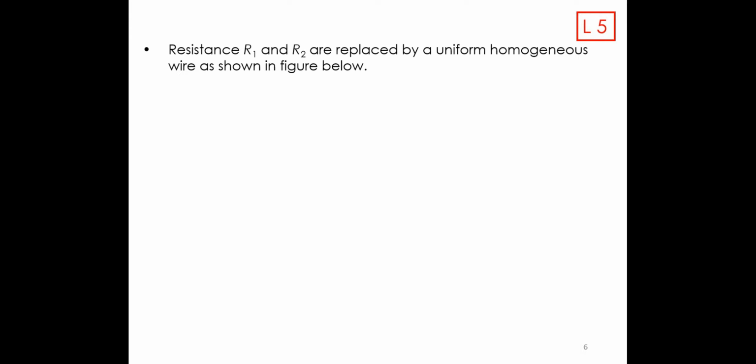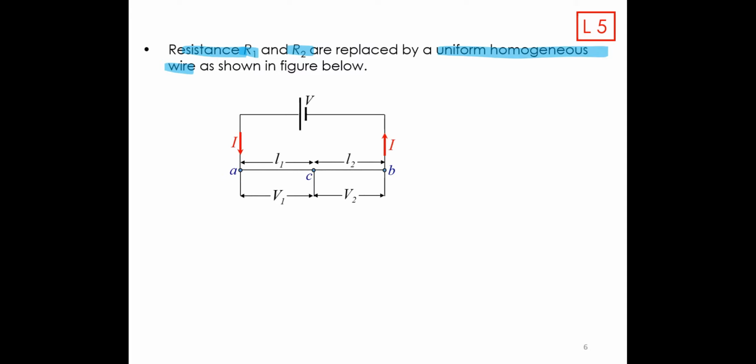Now if we change both resistors, R1 and R2, with a uniform homogeneous wire, because as we know, wire also has resistance, your circuit becomes like this. You have the battery and you have a wire AB.